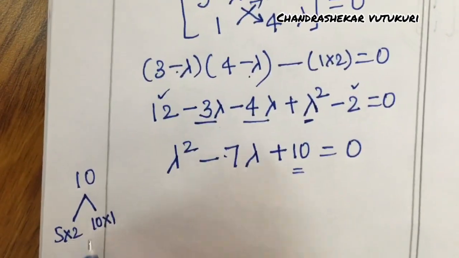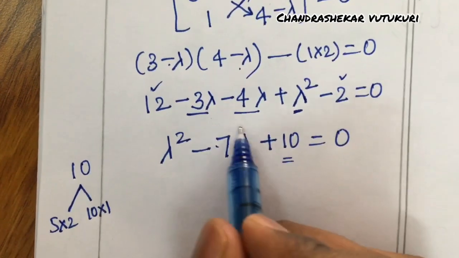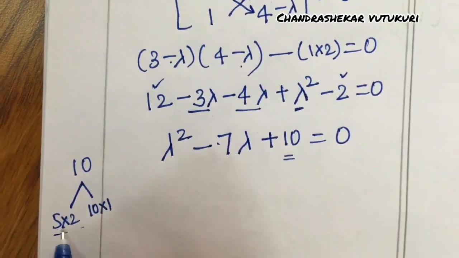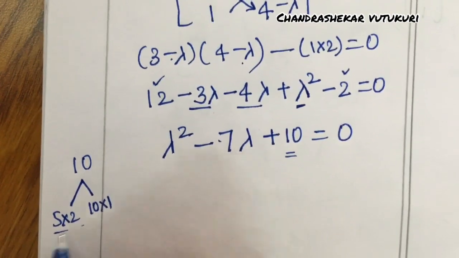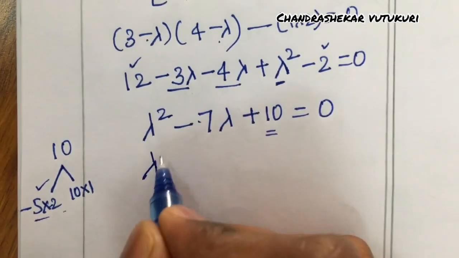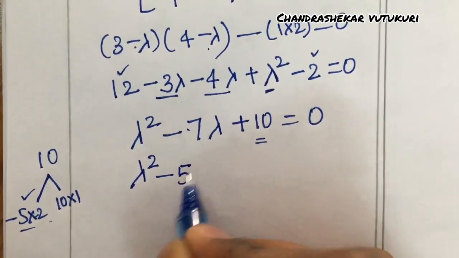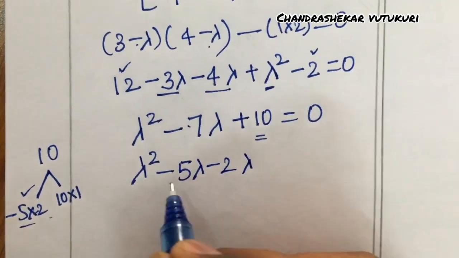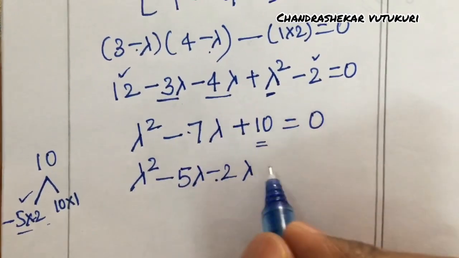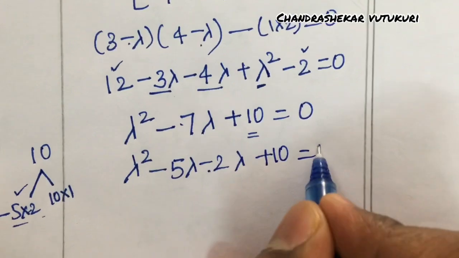But whatever factors you multiply, when you add or subtract them, they should give the middle value, minus 7 lambda. So, we can consider this as minus 5 and minus 2. So, I can write minus 5 lambda minus 2 lambda, since minus 5 minus 2 gives you minus 7, plus 10 equals 0.